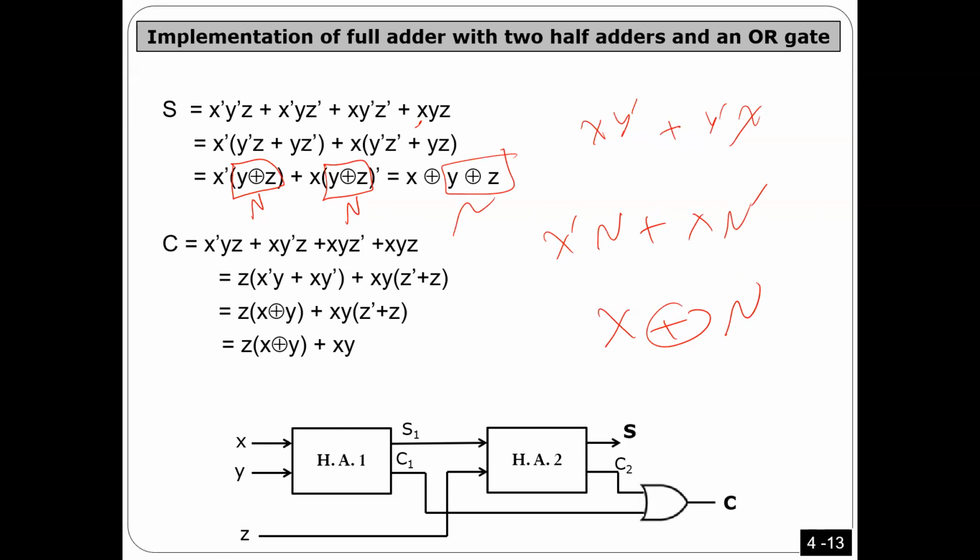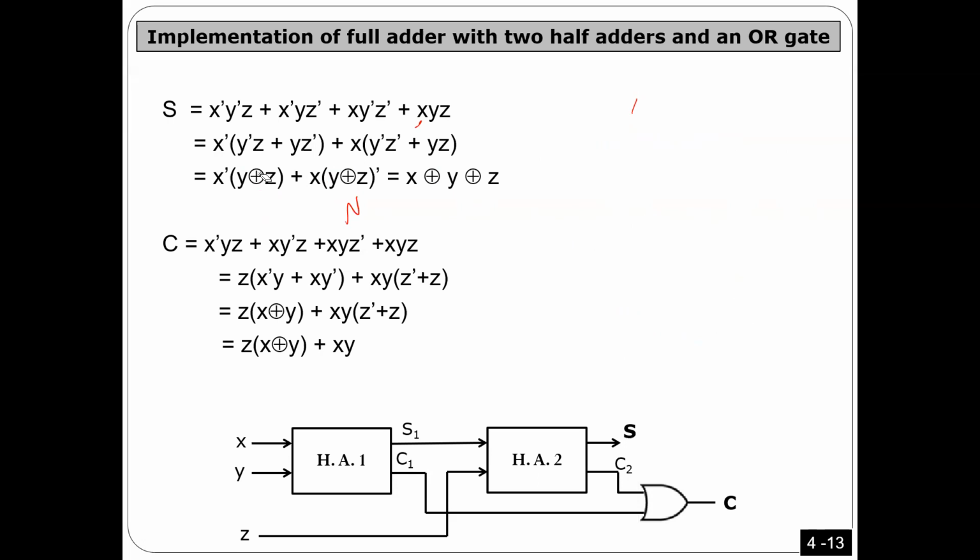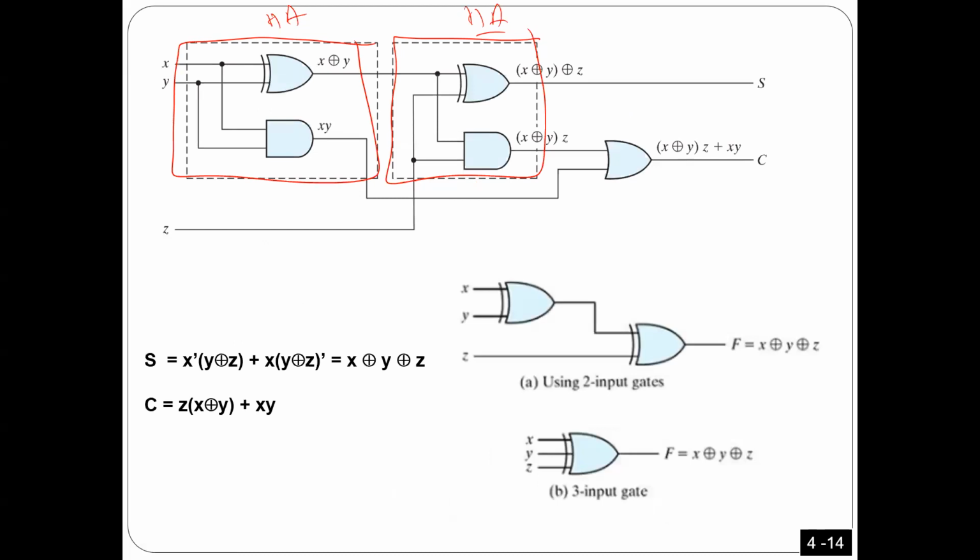So I just did some manipulation so that I can get it in the XOR format. Why? Because I have the other half adder's XOR. Now, in order to get this S, as I explained before, if you have X XOR Y XOR Z, it's the same thing if you do one XOR here and one XOR there.